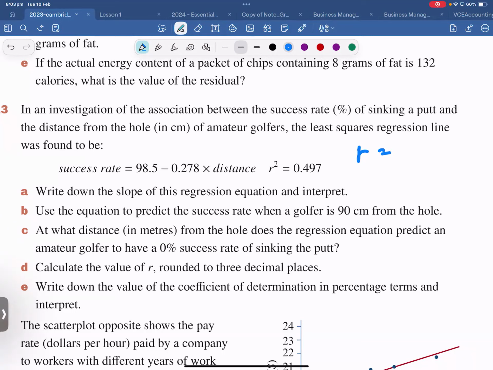Christian, do you remember the formula? R is sigma of ... minus.